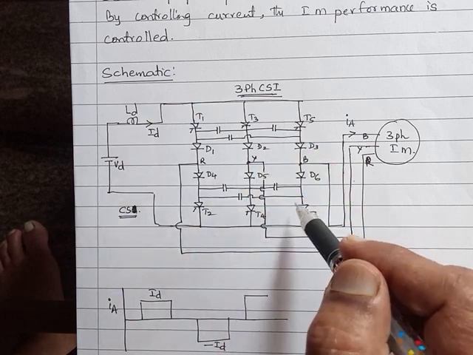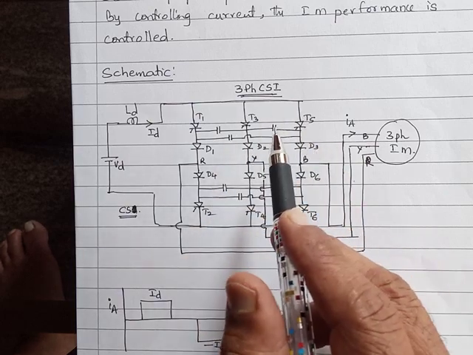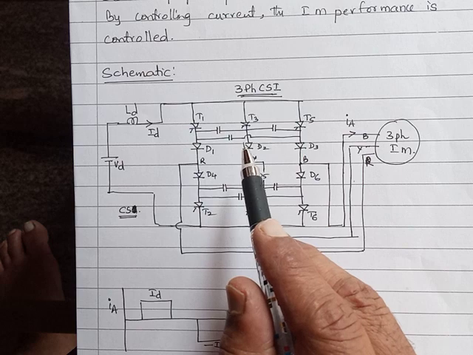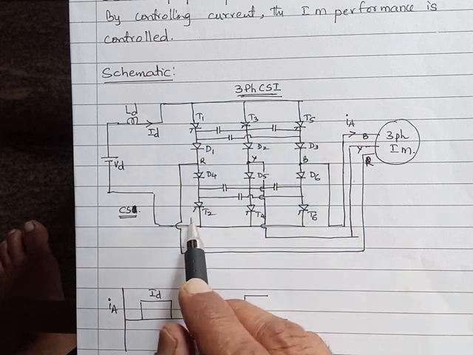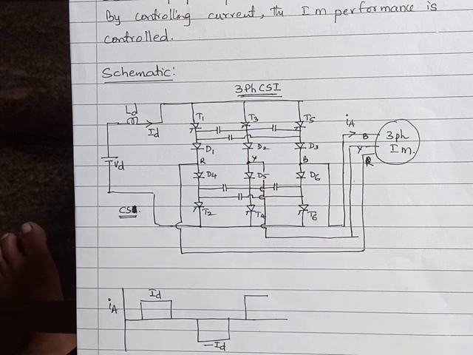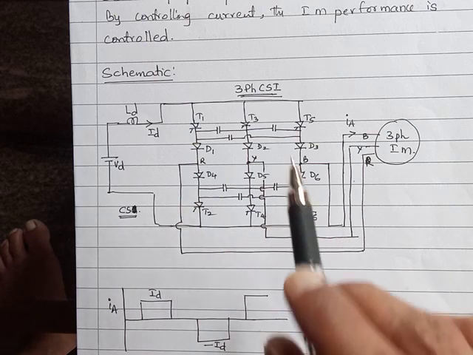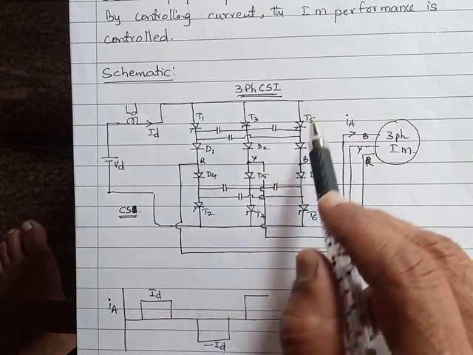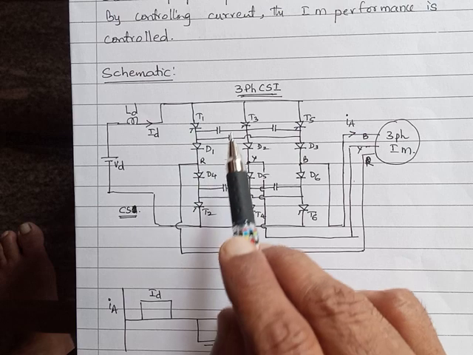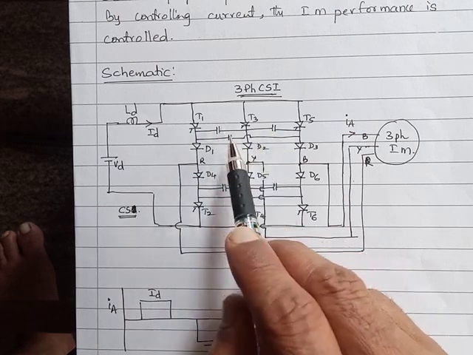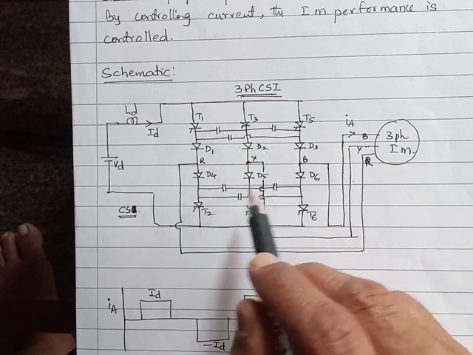For this we use a three-phase bridge. The three-phase bridge consists of 1, 2, 3, 4, 5, 6 SCRs. The bridge can as well consist of transistors. Here SCRs are used, and in addition to the SCRs, there are three capacitors. Can you see the three capacitors here?